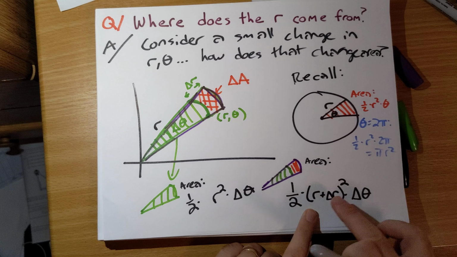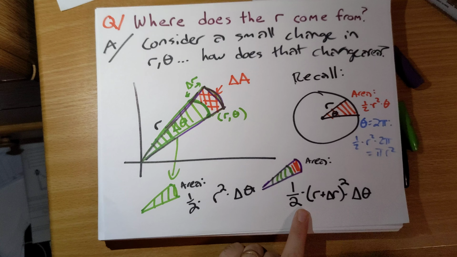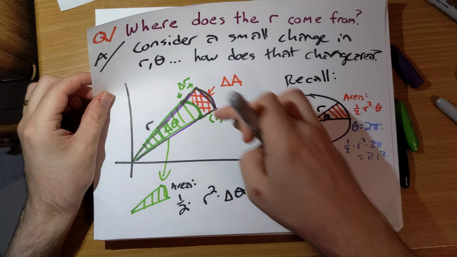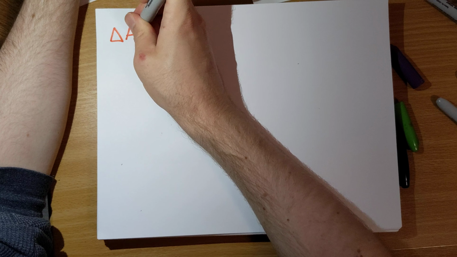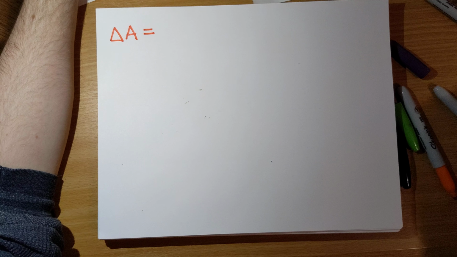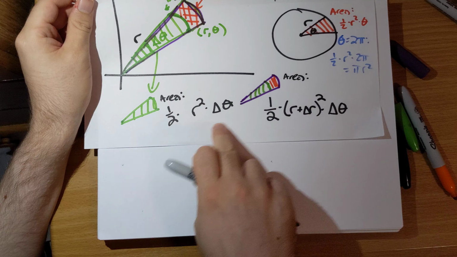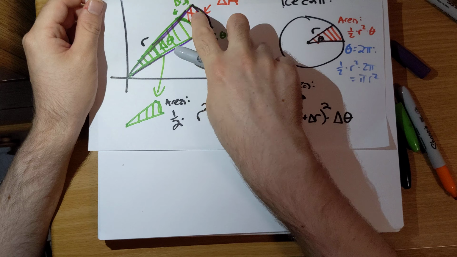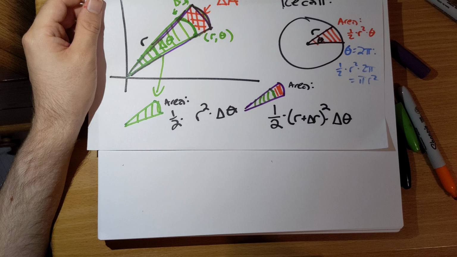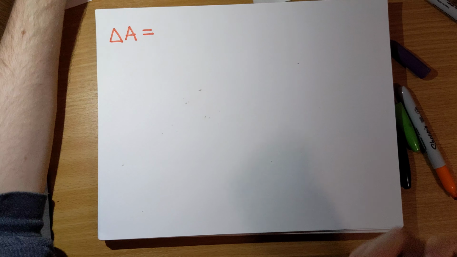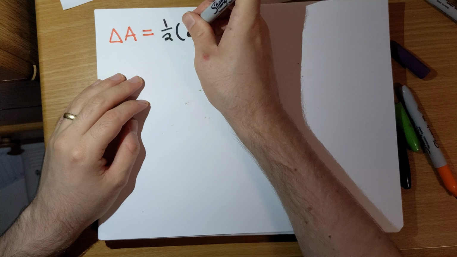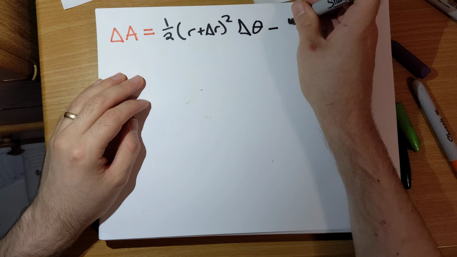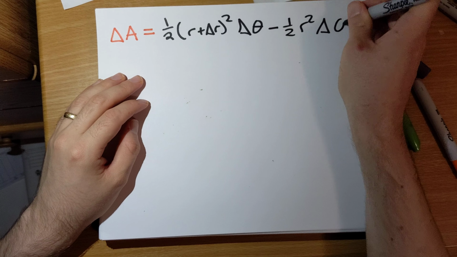So 1/2 times (r plus delta r) squared, times delta theta. Then to find delta A, it's the big area minus the small area. We should be thinking of this as kind of small here. So 1/2 times (r plus delta r) squared delta theta, minus 1/2 r squared delta theta.